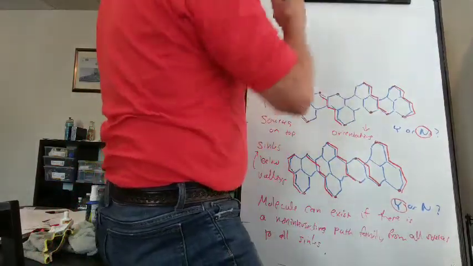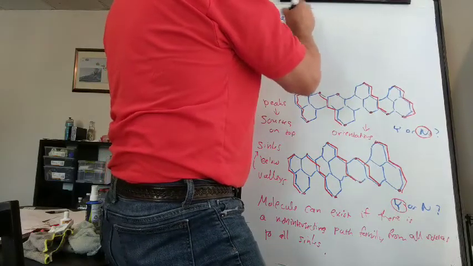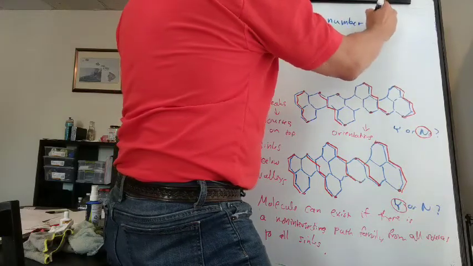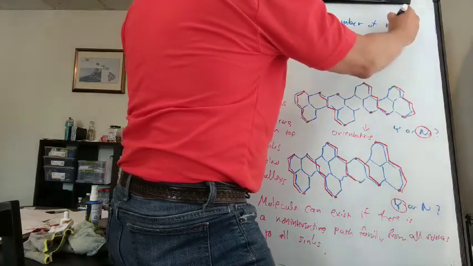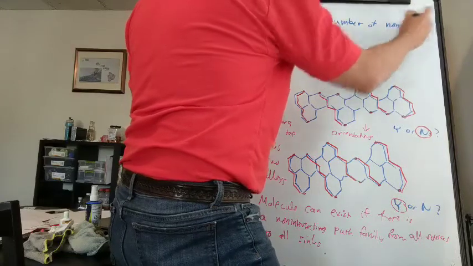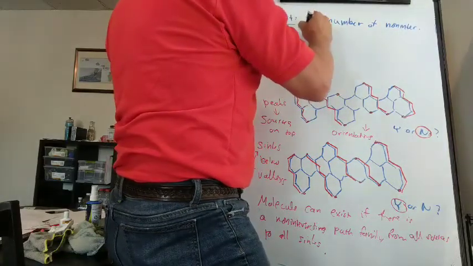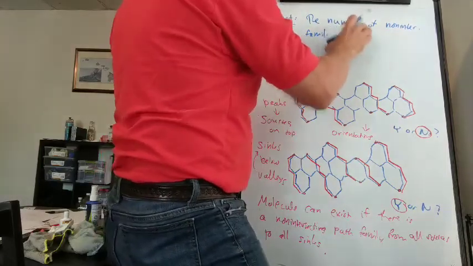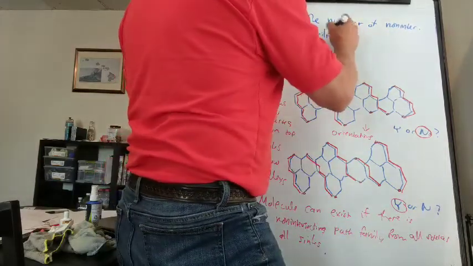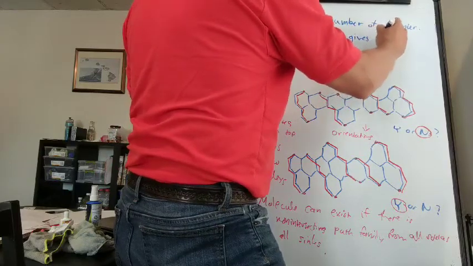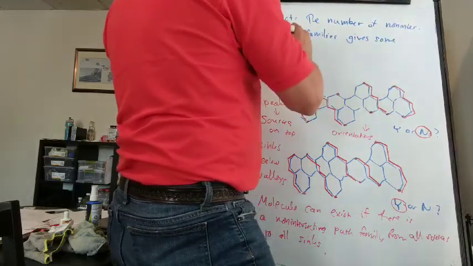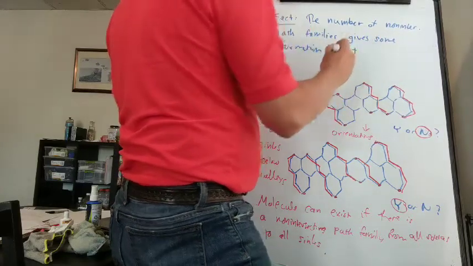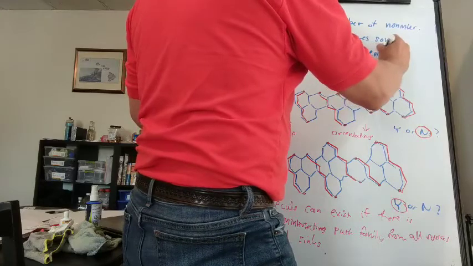And just one more note about this. The number of non-intersecting path families gives some information about the energy of the molecule.